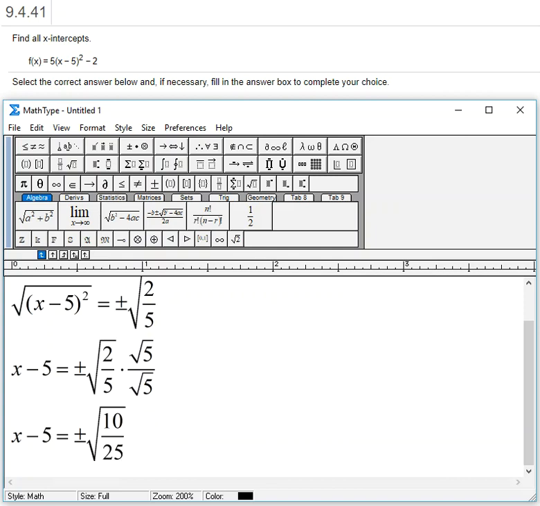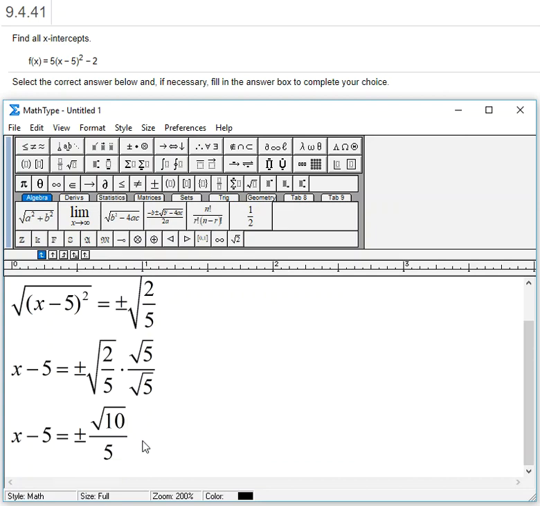We have square root of 10 over square root of 25, and I know that the square root of 25 is 5. So far I've got this simplified to plus and minus square root of 10 over 5.